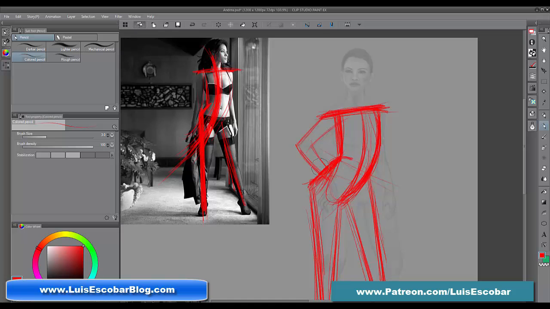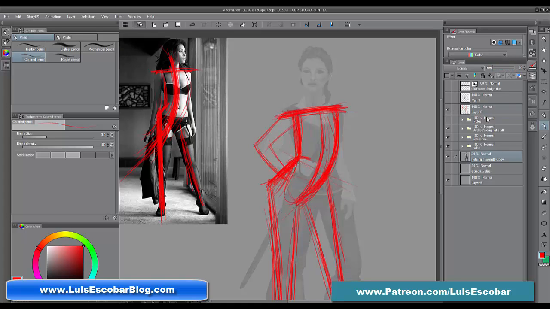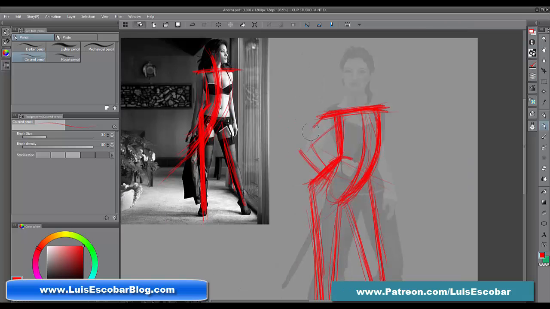Now because we have a different pose, we might as well bring this one up again. And let's check where we actually want this pose, this hand here. It's just very simple, very flat graphic. And then this arm is doing basically the same thing.